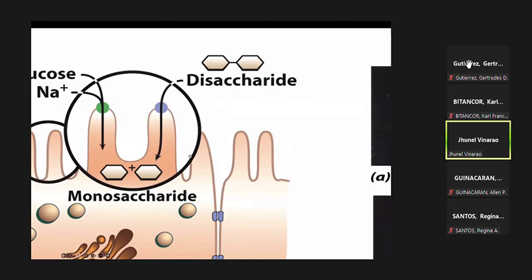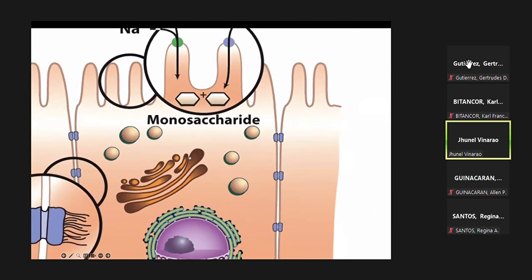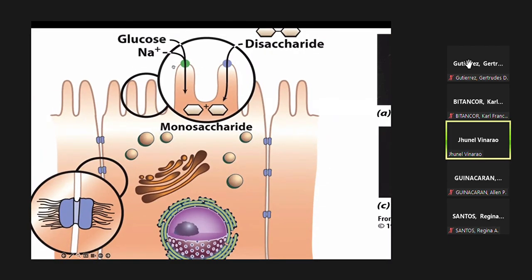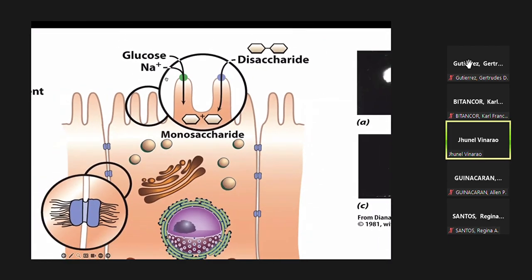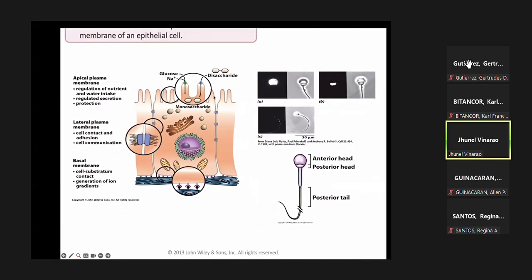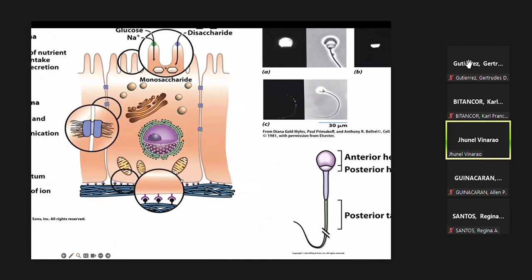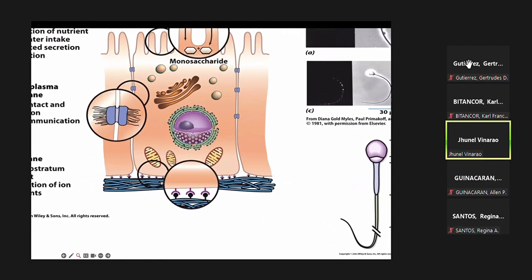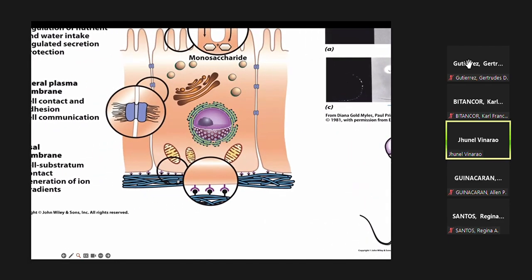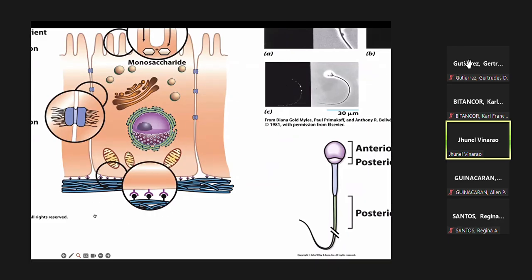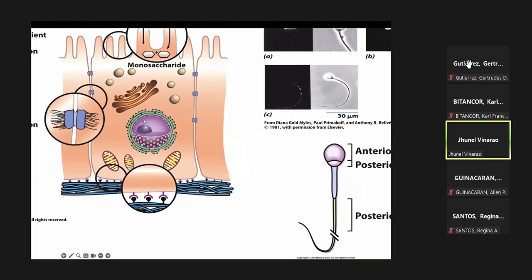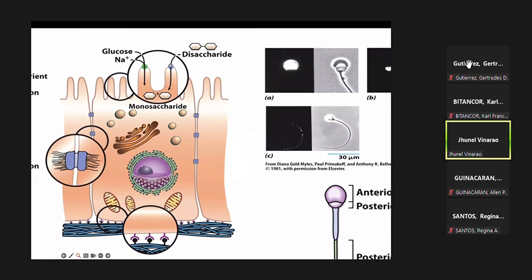No? Now, so you have a different proteins that is found in the apical part of the cell, and you have a different protein naman that is found sa basal region facing the blood vessels kasi from the glucose, sorry. Ayan.